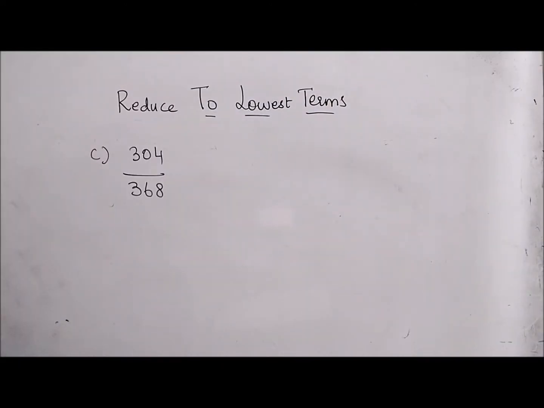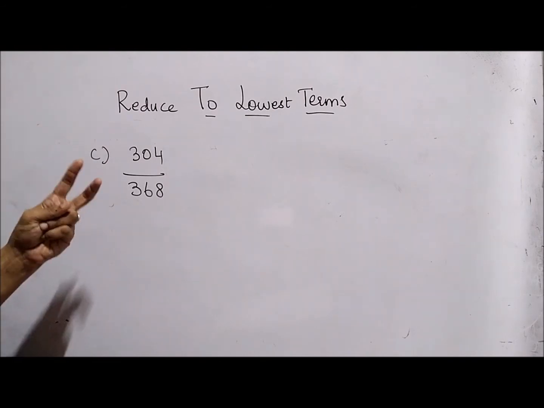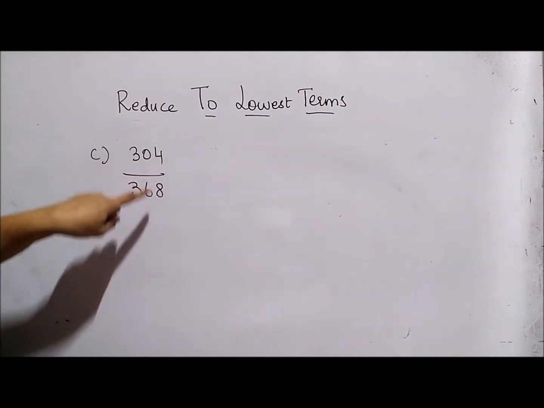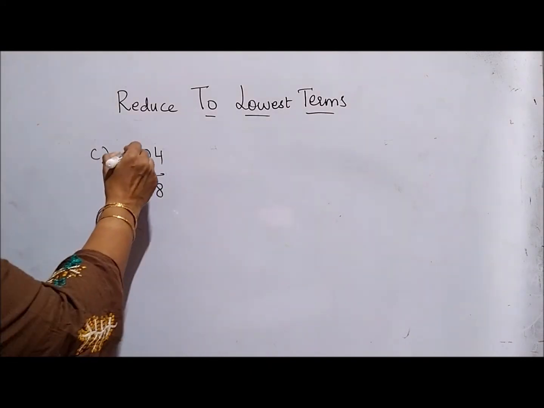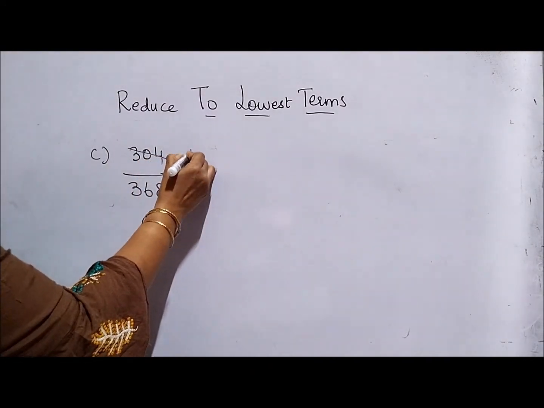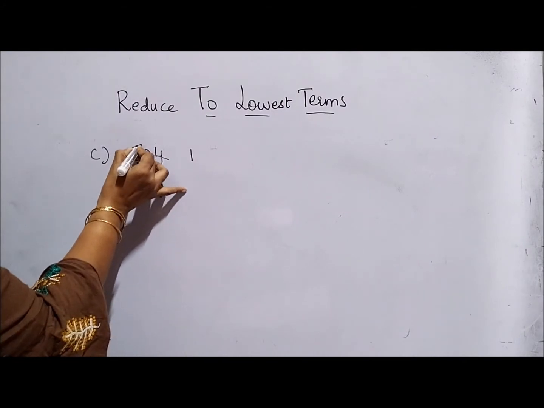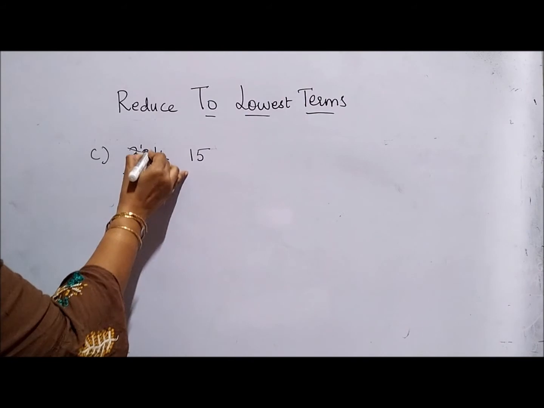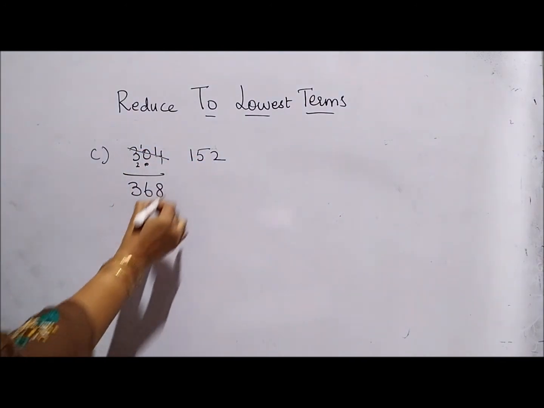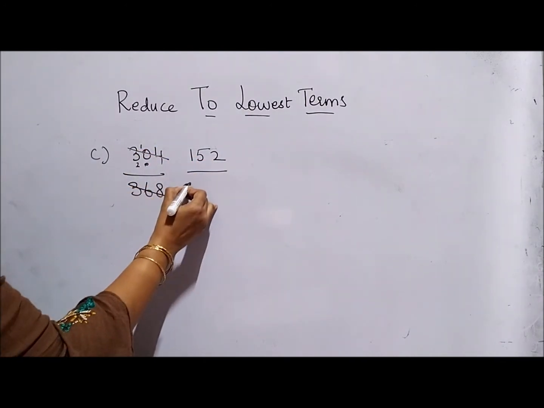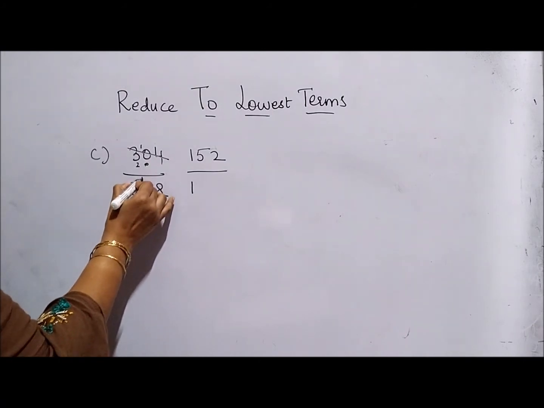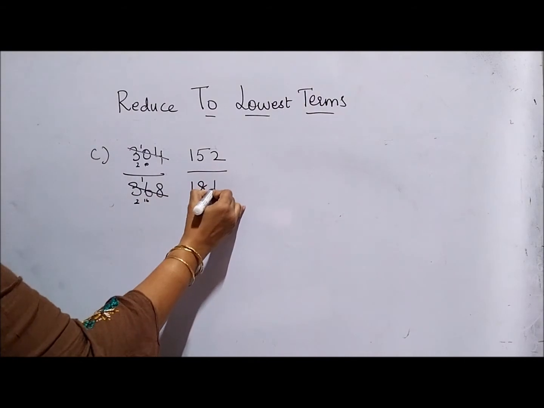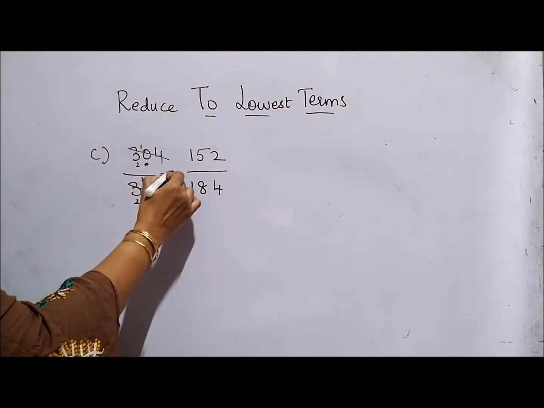One more example. Use your divisibility in mind. Both are even numbers. So both go by 2. 2 1s are 2. Carry 1. 2 5s are 10. 2 2s are 4. This one, 2 1s are 2. 1. 2 8s are 16. No remainder. 2 4s are 8. This is done.